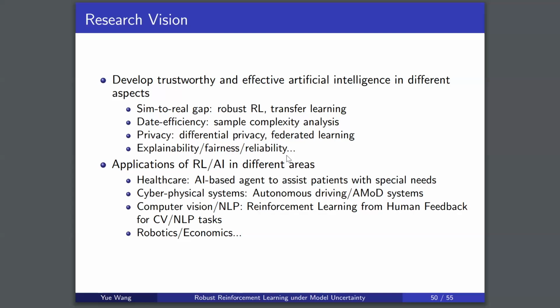But for other, more general aspects like explainability or fairness, it's very difficult to build such a mathematical formulation. Actually, most of the work on explainability or fairness is more heuristic or experimental. So there are no mathematical or theoretical guarantees or formulations for this.